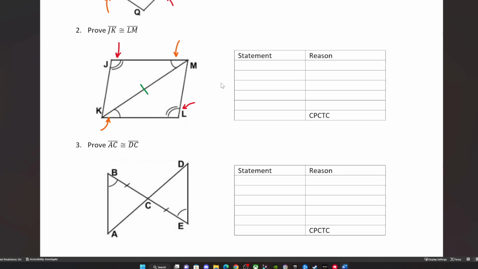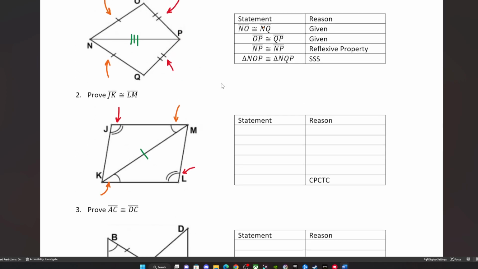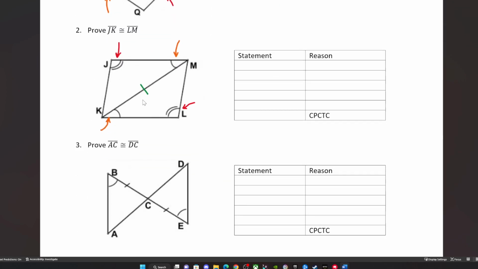And right there I have everything I need to show that these two triangles are congruent. You may be wondering, the question is not asking us to prove the triangles are congruent, but I'll show you what happens once you prove that they're congruent.